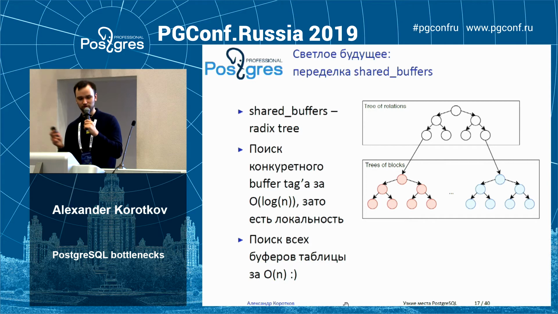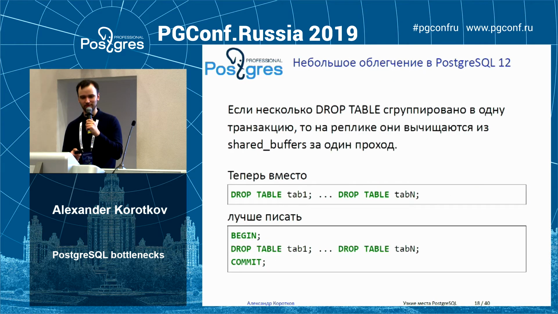The great advantage is that the search of all the buffers of a table will be logarithm of N big and N small: we find the subtree and we purge this subtree. Andres Freund is promising us this future, and he's been promising for about 3 years, but the patch is not there yet, and nobody else has been trying to do this.